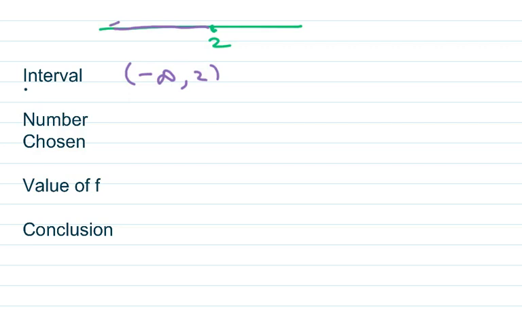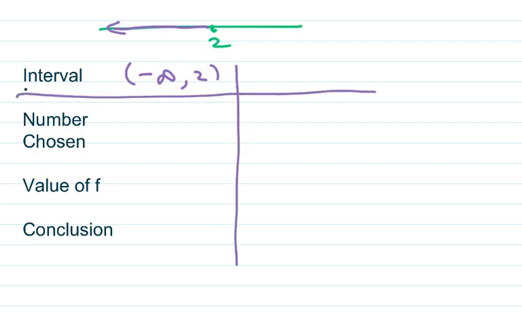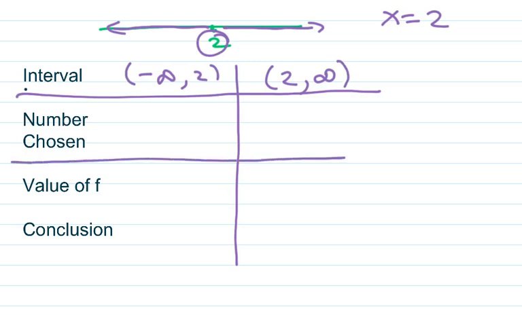That would be this side of the graph. And then we're also going to check on the other side of, remember this graph has a vertical asymptote at x equals 2, because that's where it's undefined. So then we're going to go to 2 to infinity, and then just choose numbers. And the numbers I chose were 0 and 3.